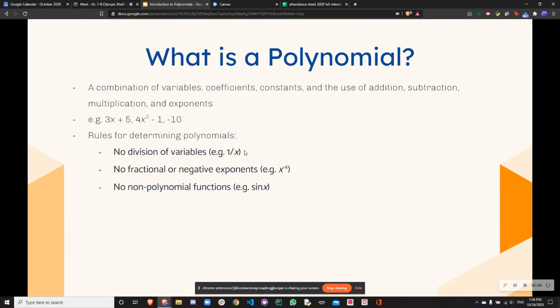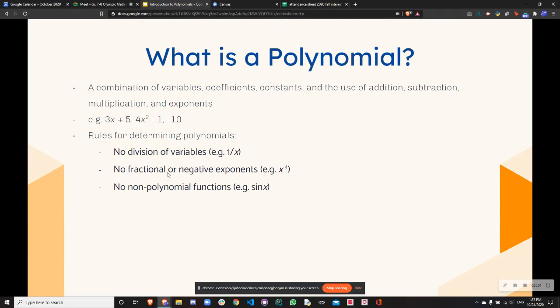So 1 over x and other similar kinds of expressions are not considered polynomials. Second rule, you can't have fractional or negative exponents. For example, x to negative 4, because you can equate that with 1 over x to the exponent 4, which is also a division of variables. So you can't have negative exponents.